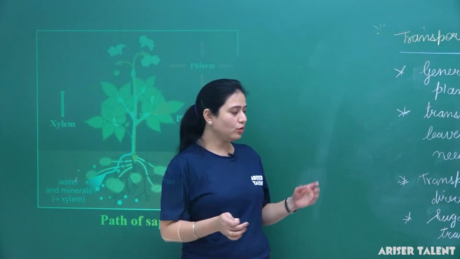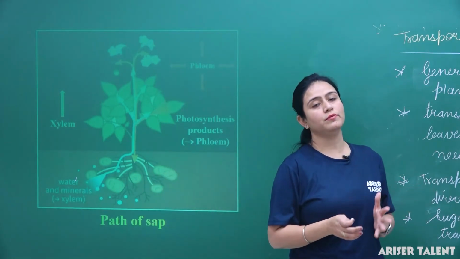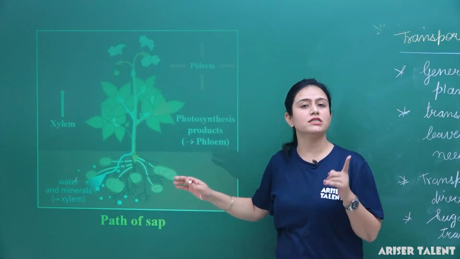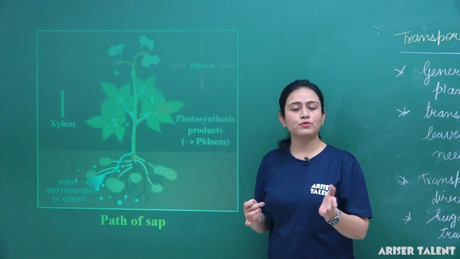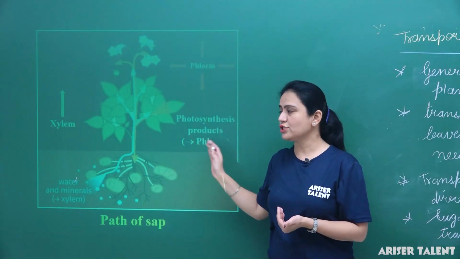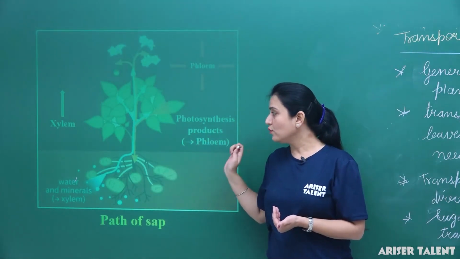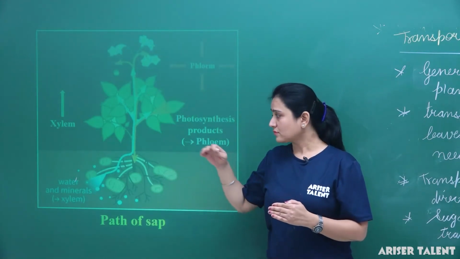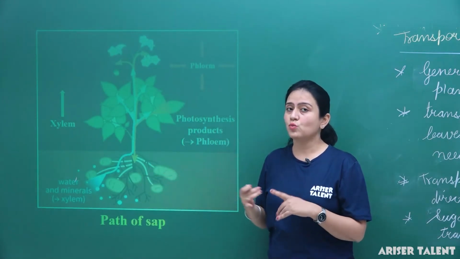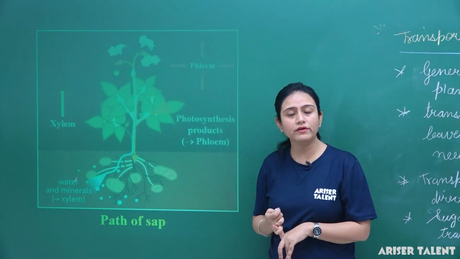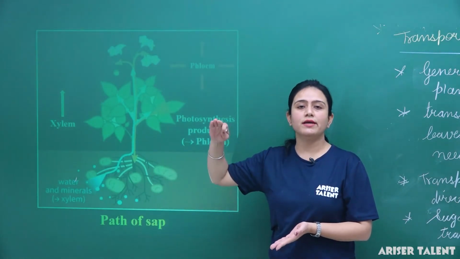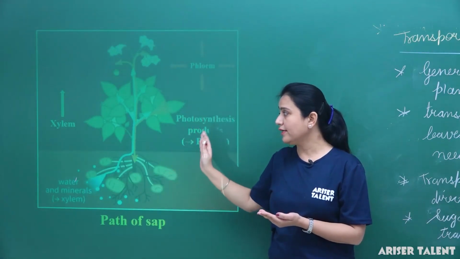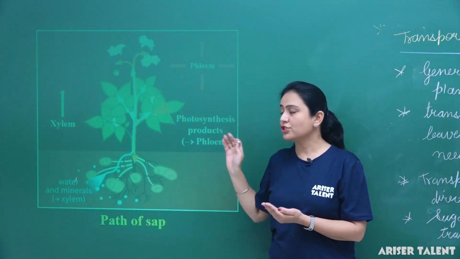Clear? I hope transportation in plants is clear to you, that it generally takes place by two methods: transportation of water and minerals, and transportation of food materials. Transportation of water and minerals is followed by three processes. What were they? Absorption of water and minerals, then ascent of sap, and third is transpiration. After that, we studied transportation of food material.